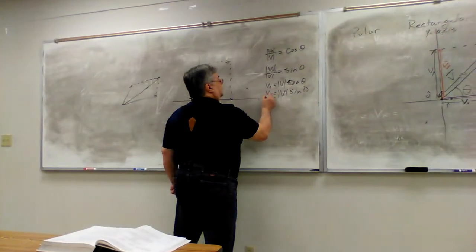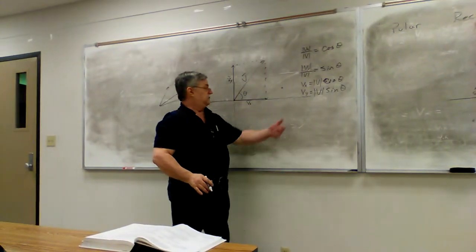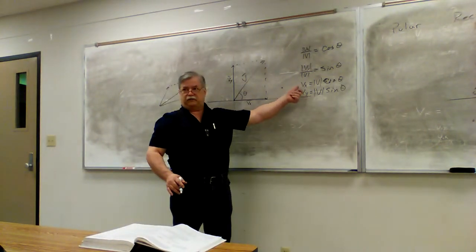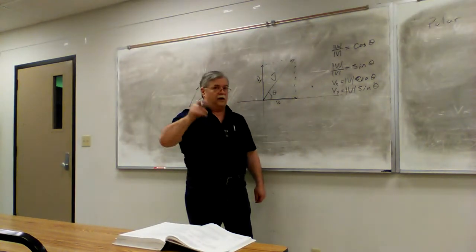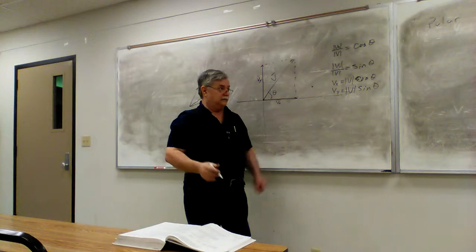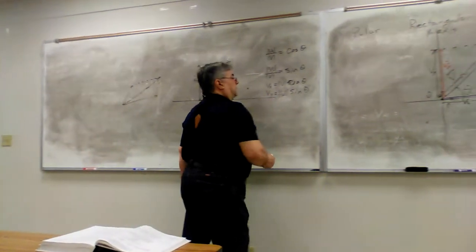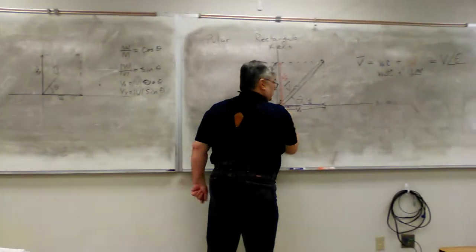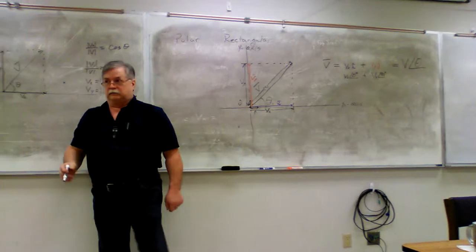These are lengths. Okay? I want to emphasize this. Right now, the way I've got this written, V sub x and V sub y are not vectors. They are lengths. They're just magnitudes. They become vectors when we multiply them and use them to scale the unit vectors i and j.